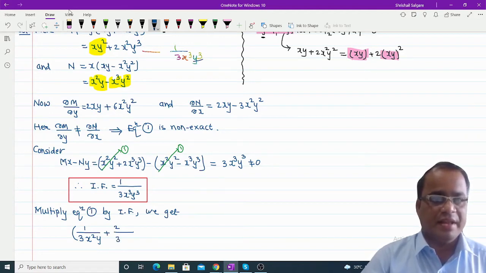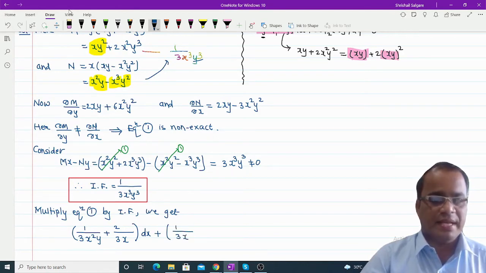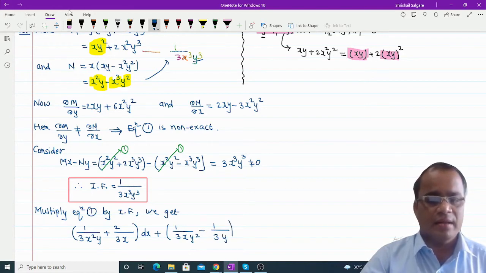Denominator remains 3, x square upon x cube, which is a dx, plus in the same manner, the second also you have to multiply by the same. Again it comes as 1 upon 3, x square upon x cube is x, y upon y cube is y square, minus 1 upon 3, x cube and x cube get cancelled, and y square upon y cube, that comes as a y. dy equal to 0.